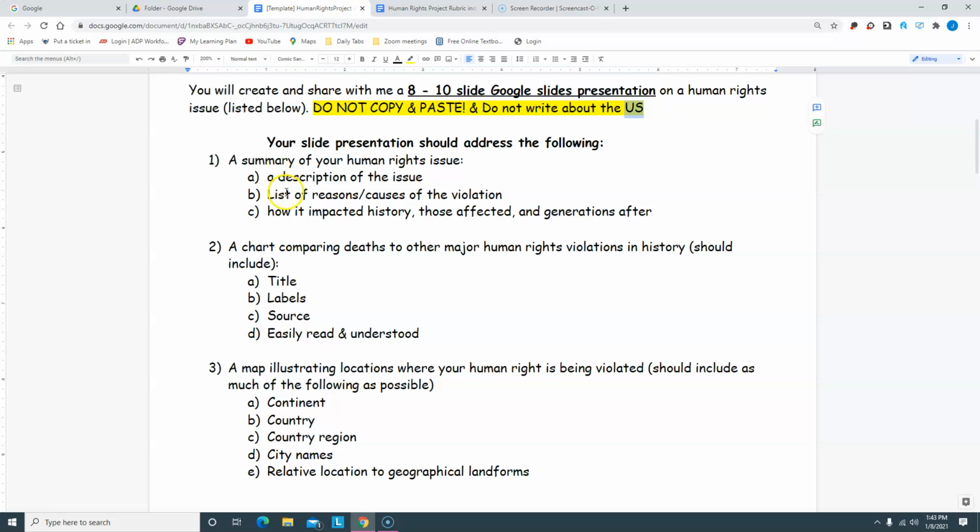Included in your summary and your description, you should have a list of reasons or causes that led to this violation. So if we're talking about the Holocaust, for example, the Holocaust didn't just happen in one day. It didn't even happen over the course of 1 year. It took years that built up to the Holocaust.